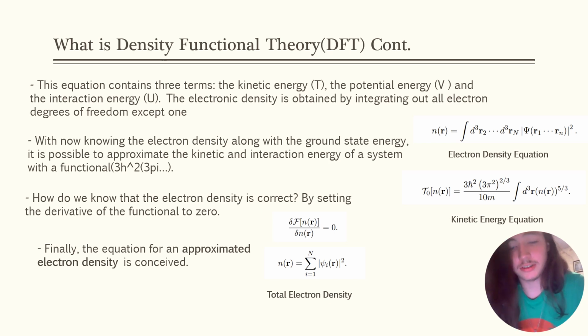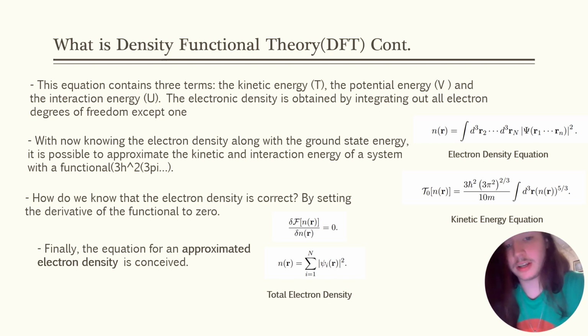This equation contains three terms: the kinetic energy, the potential energy, and the interaction energy of the electrons and protons. And it's able to get the electron density with this equation here, n(r), with the integral of all the degrees of freedom of three-dimensional space.